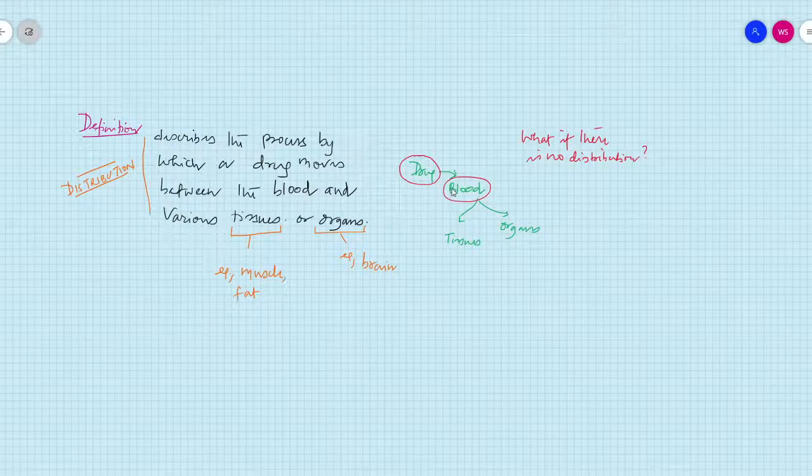The consequence is that the drug will only be able to act on the blood or the blood vessels.